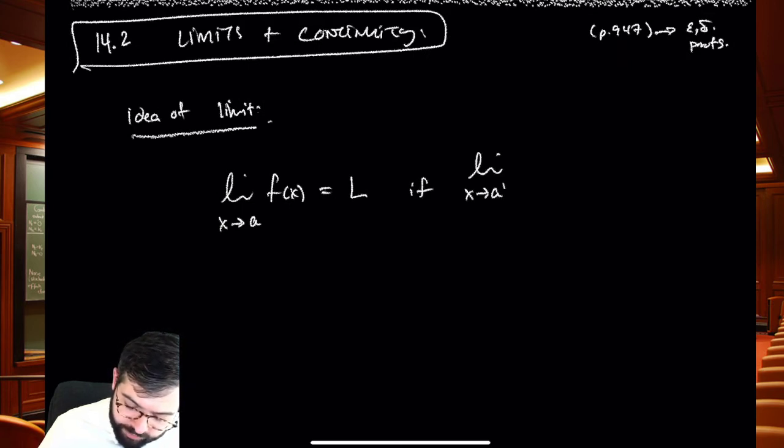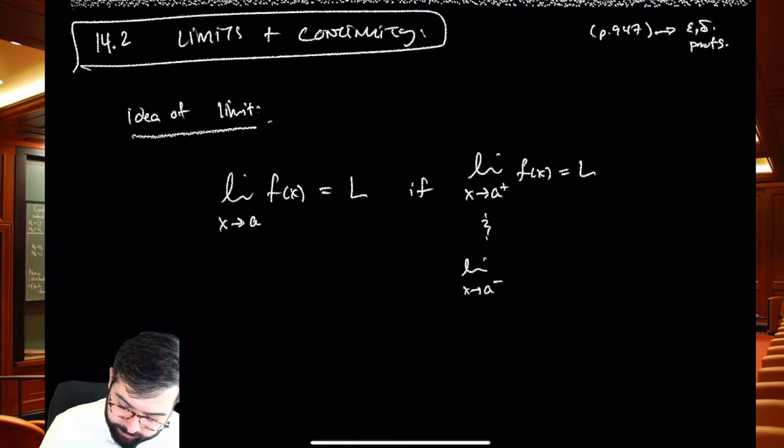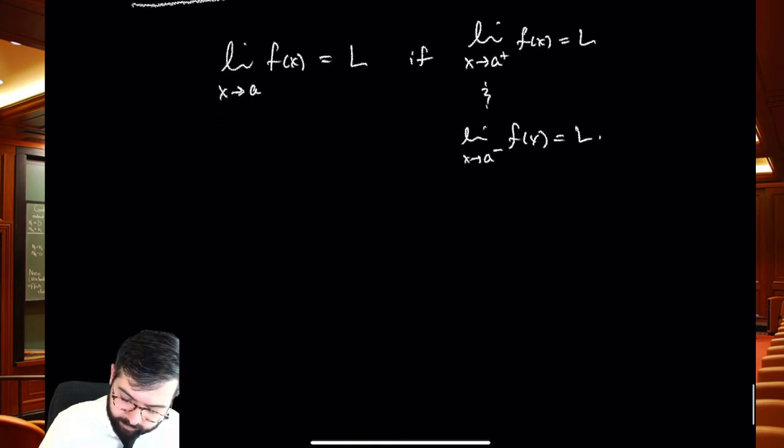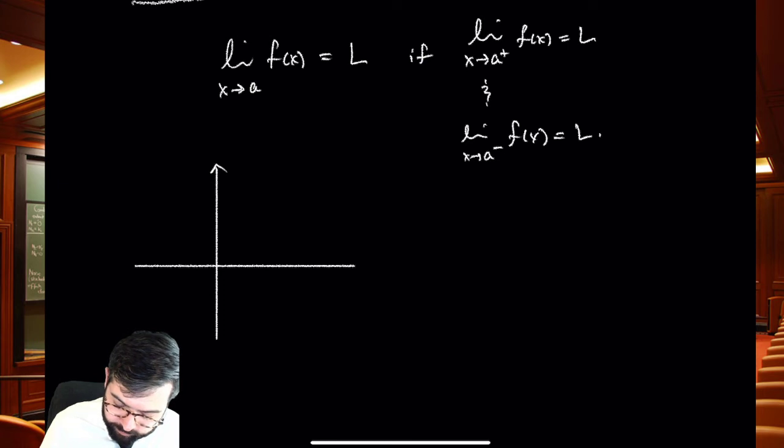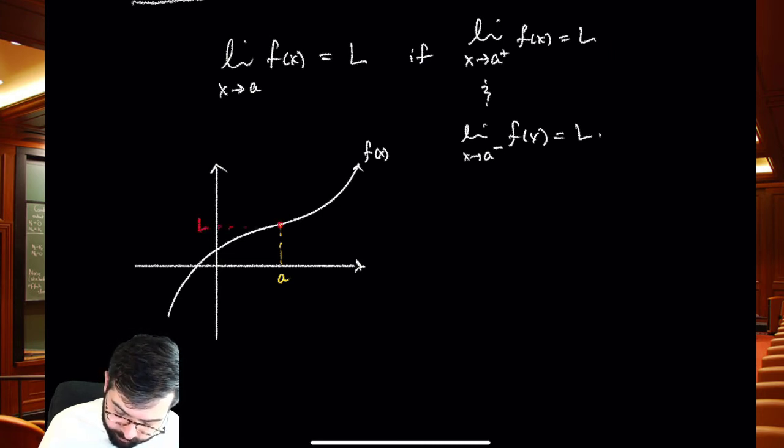The limit from the right was L and the limit from the left was L. Right, from a graphical perspective, if I had some function, some value a, and some limit L, we said that as we come in on a from this side and from this side, as long as you're still approaching L from this side and this side as we get closer and closer, we're going to say that limit exists.